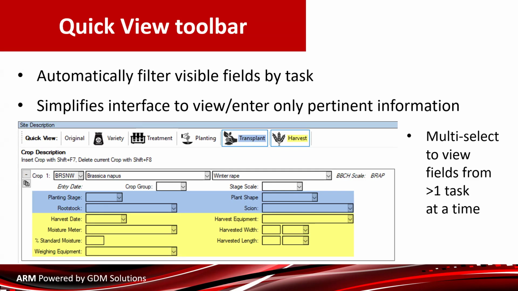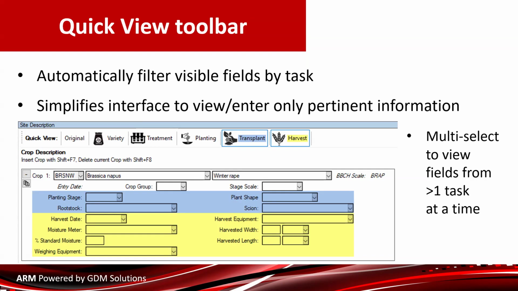The crop description especially has a lot of different information related to the crop, so in an effort to organize, we organized the fields to be related ones close to each other. We thought, let's take that one step further and actually make these automatic views, essentially.